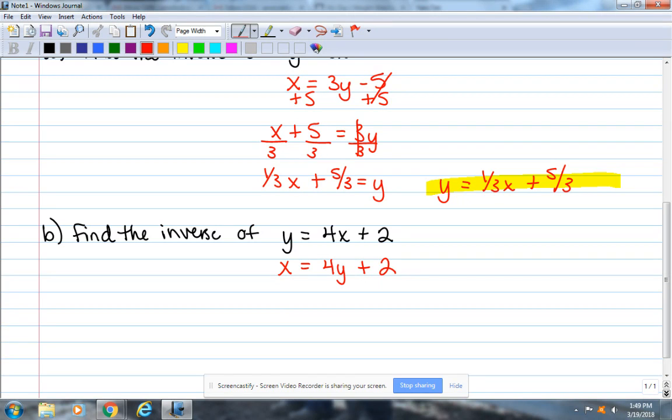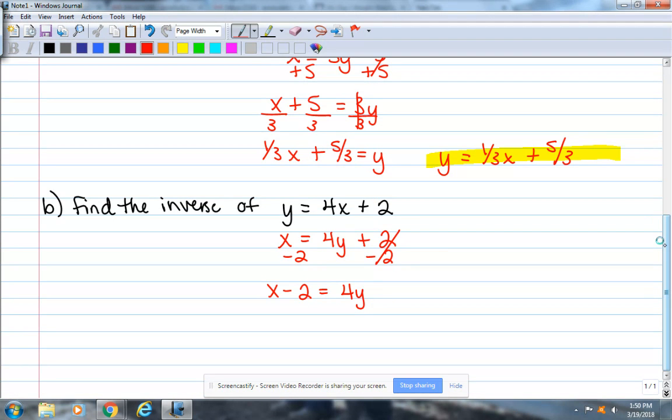So you want to get y by itself, right? So yeah, subtract 2 on both sides. So that's going to say x minus 2 equals 4y. And how do I get rid of the 4 to get the y by itself? Divide everything by 4. And then simplify.